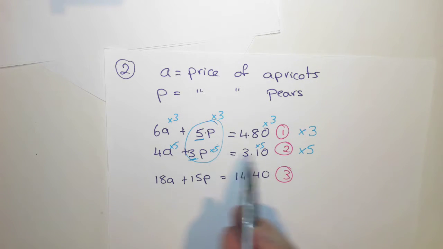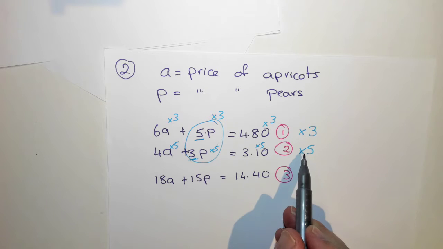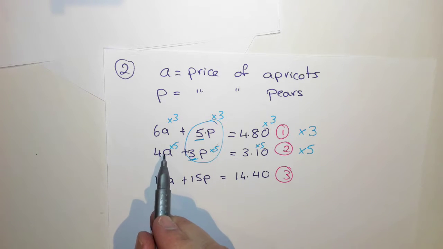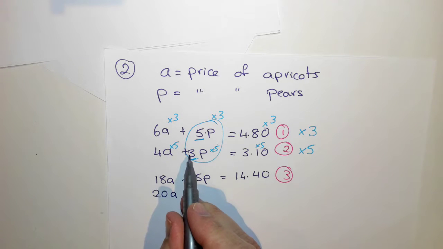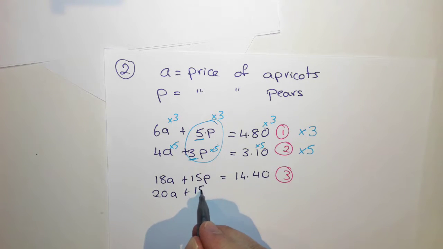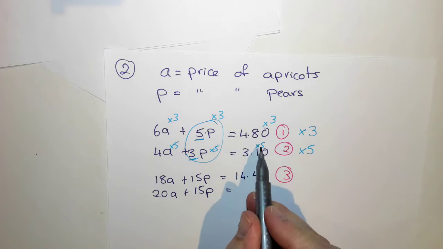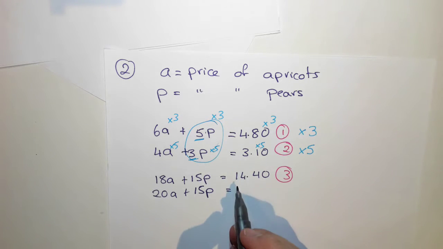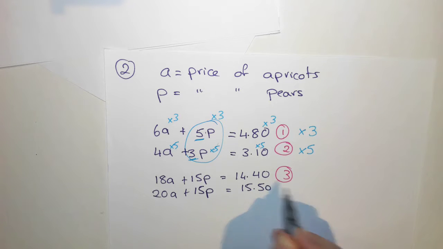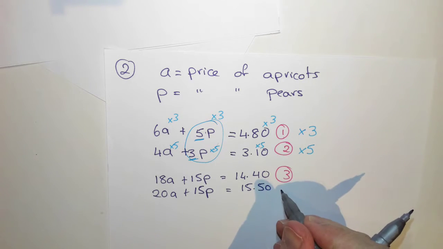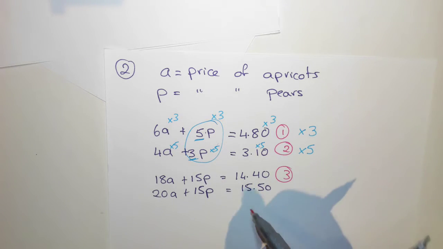Now I'm going to do equation number 2 and multiply all of the pieces there by 5. So 4a times 5 is going to give me 20a, plus 3p times 5 will give me 15p, and $3.10 times 5 is going to give me $15.50. And that's going to be equation number 4.